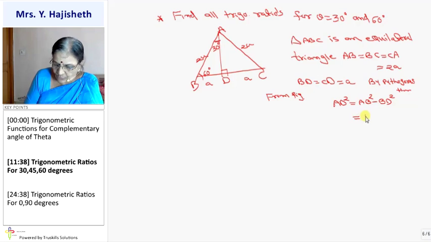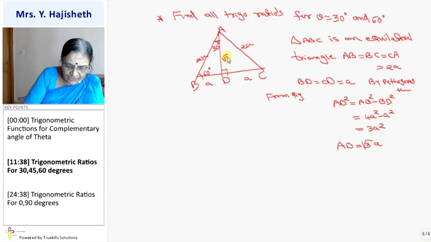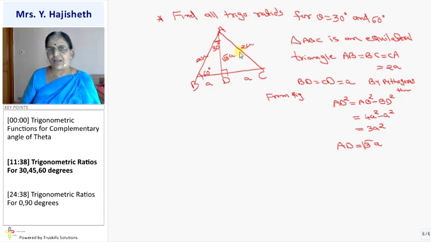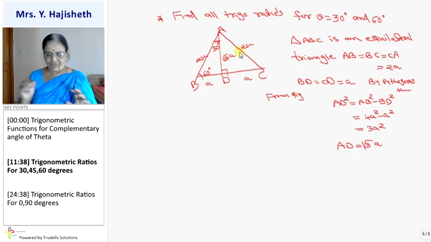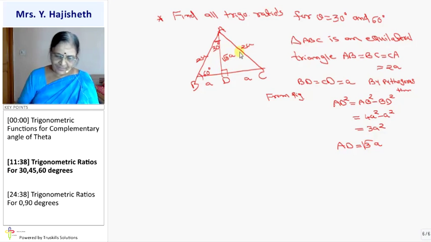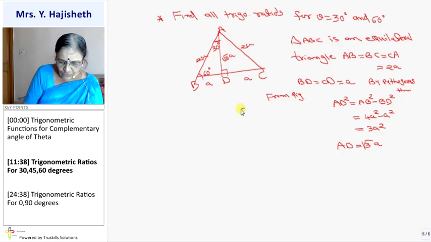So AB square is 4A square, BD square is A square. So it is 3A square. So my AD is root 3A. All three sides of triangle ADB are with me, right? And in my triangle ADB, my 60 degree is also there and 30 degree is also there. So from figure, suppose you want to find out sine 60 degree. It is opposite side, matlab AD upon AB.